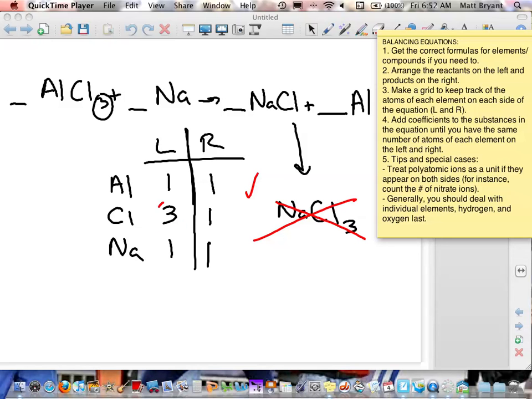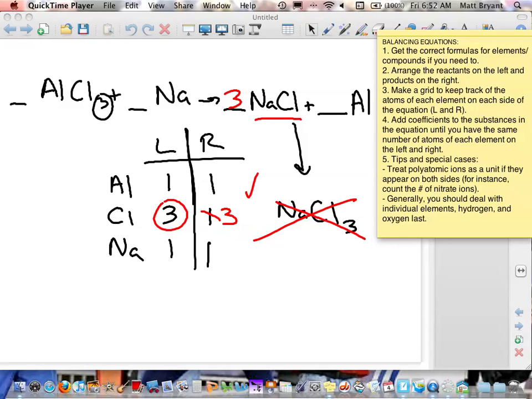Now, we have 3 on the left, and so on the right side, we need to make sure that we add a coefficient that gives us 3 chlorine atoms. And since each formula unit of NaCl has just 1 chlorine atom, we need to put a 3 in front of sodium chloride. That will give us 3 chlorine atoms.